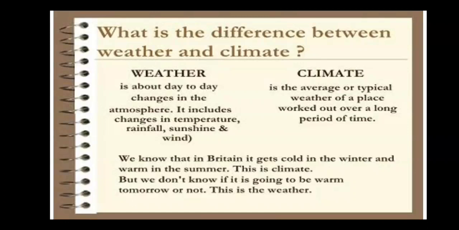We know that in Britain it gets cold in the winter and warm in the summer. This is climate. But we do not know if it is going to be warm tomorrow or not. This is the weather.